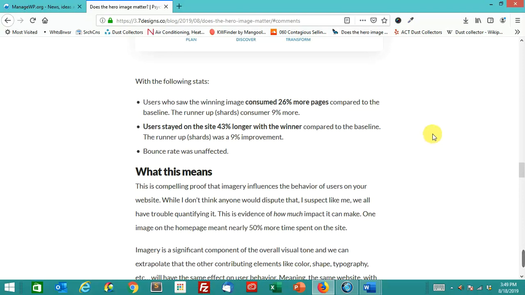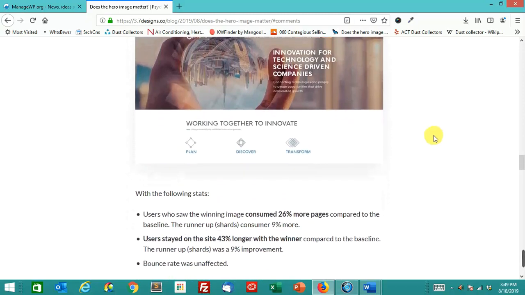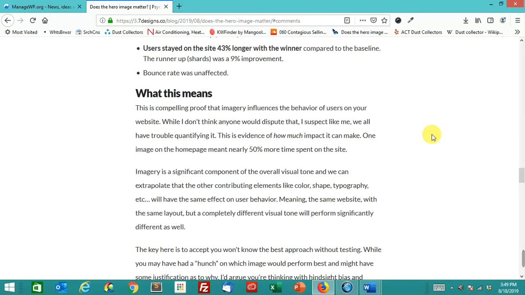And then people stayed on the site 43% longer with the crystal ball in the lens, upside down city. People stayed on the site 43% longer. And again, the one with the squares of the red, the blue, and the yellowish screen, that was a 9% improvement. Bounce rate, no change.